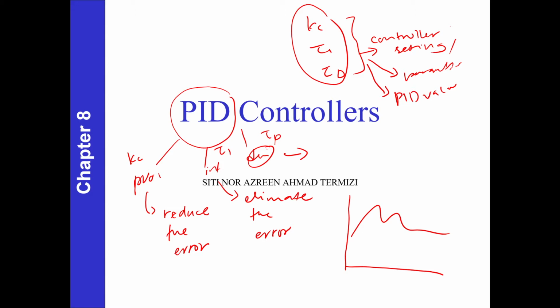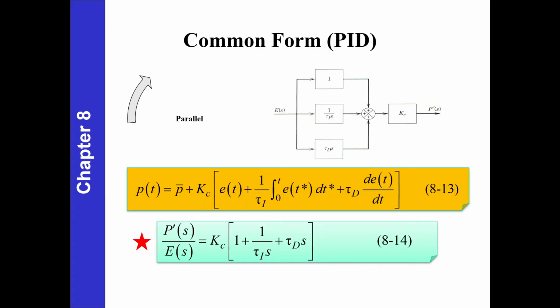Okay, so in order to do tuning, you have to understand the equation for PID. This is the equation that you should, not to say memorize, you should understand. This is really simple, and it should always be in your mind.